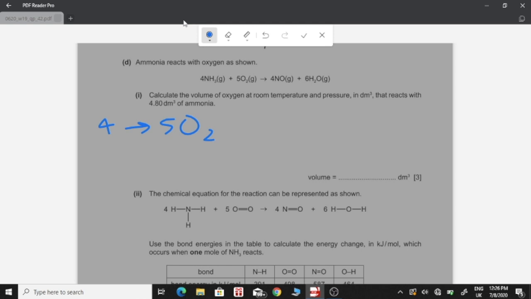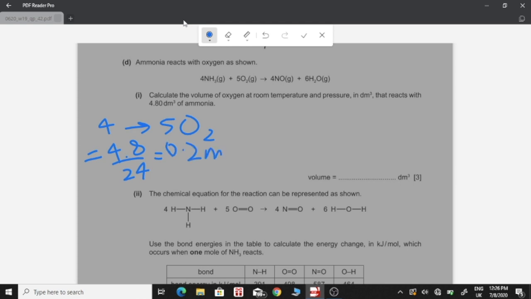Right. Now for 4.8 dm cube of ammonia, we need to find out the number of moles of ammonia so that we can deduce the number of moles of oxygen. So moles over here is volume over molar volume, which is 4.8 divided by 24 dm cube, and this gives us 0.2 moles.